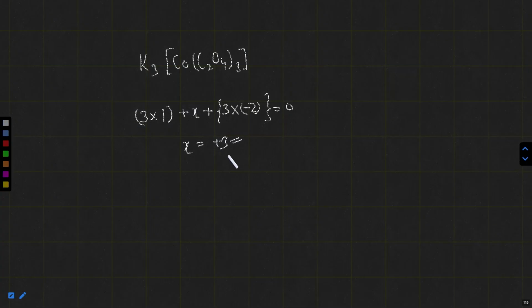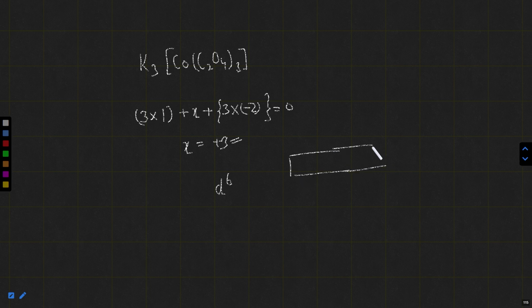If you talk about the electronic configuration, we have potassium, calcium, scandium, titanium, vanadium, chromium, manganese, iron, cobalt. It has 9 electrons, and with the +3 oxidation state, 9 minus 3 gives a total of 6 electrons. So d6 will be present, right? D6 will be present.